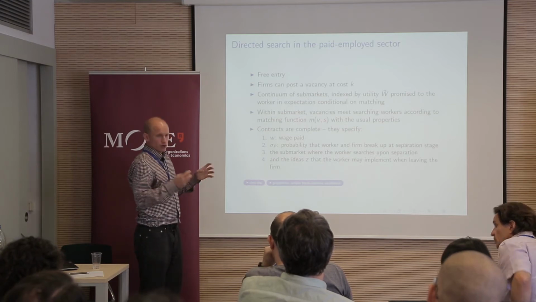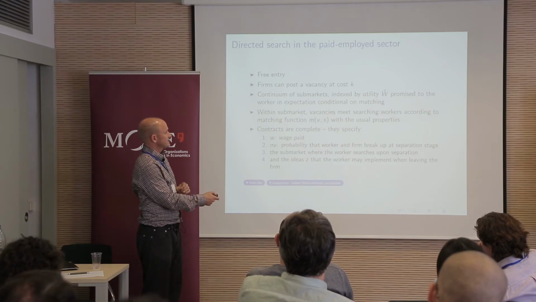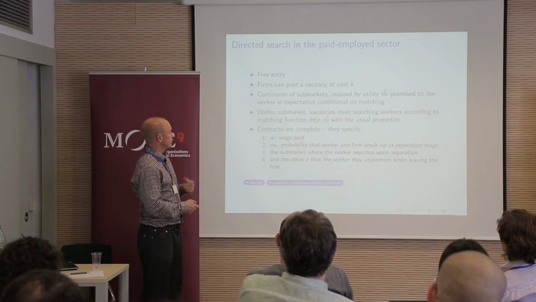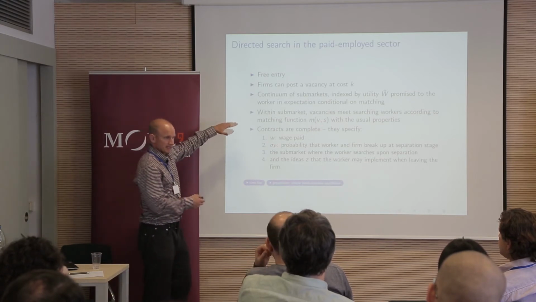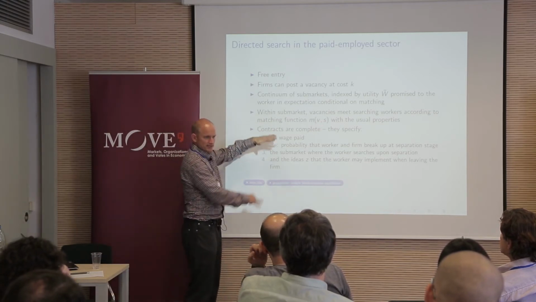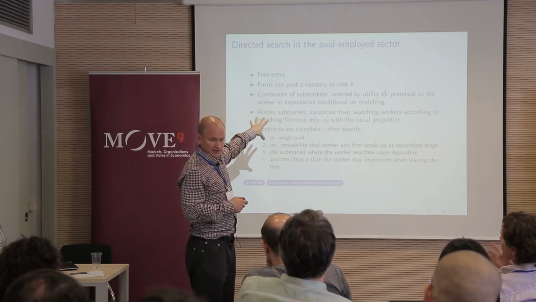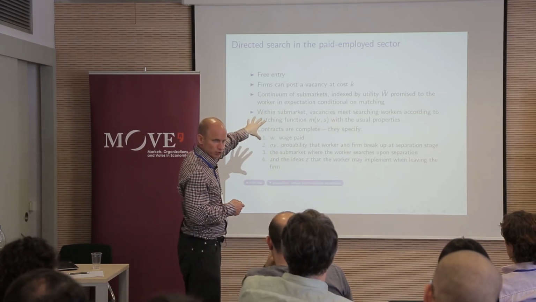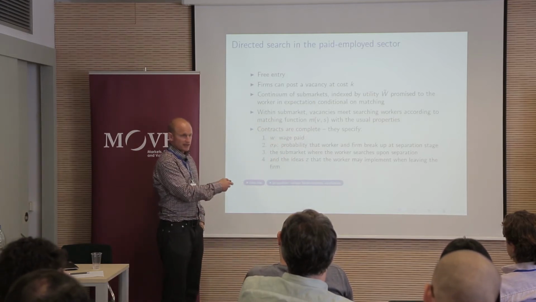Workers apply to these different submarkets, and within the submarkets, vacancies meet searching workers according to a matching function with the standard properties. Then basically what Menzio and Shi do, they rig everything such that efficient contracts obtain. You make all assumptions to make the model efficient, and that gives you tractability. So we just commit the same sins that they committed.